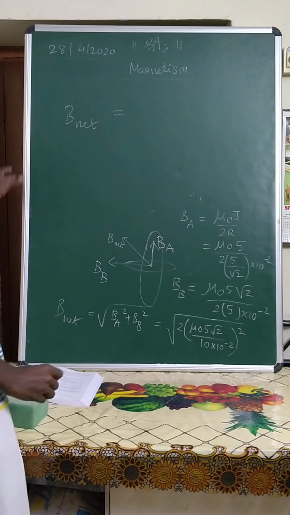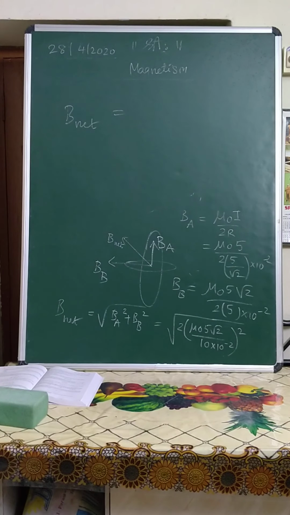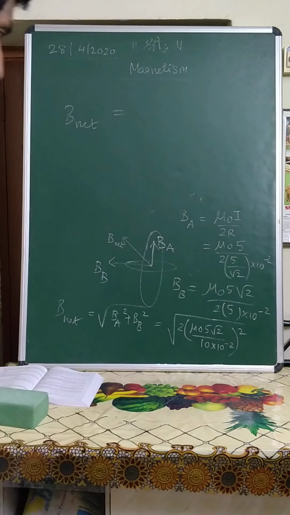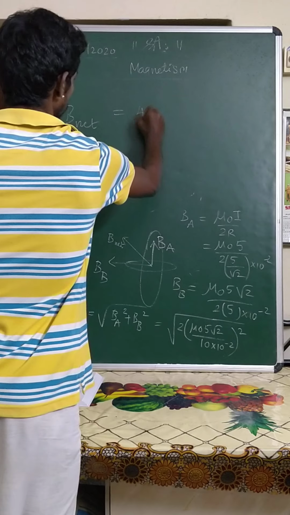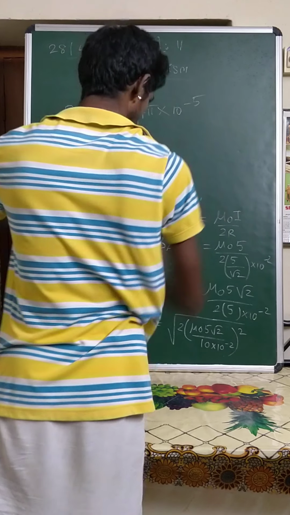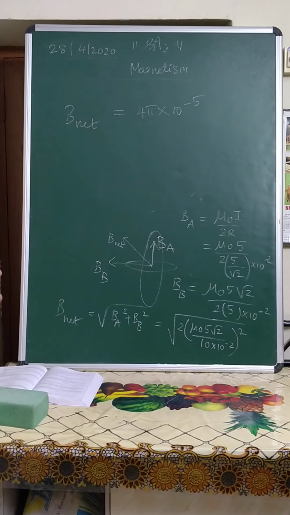So the net magnetic field, with mu naught as 4 pi into 10 power minus 7, is 2 times mu naught 5 root 2 by 10 the whole square.